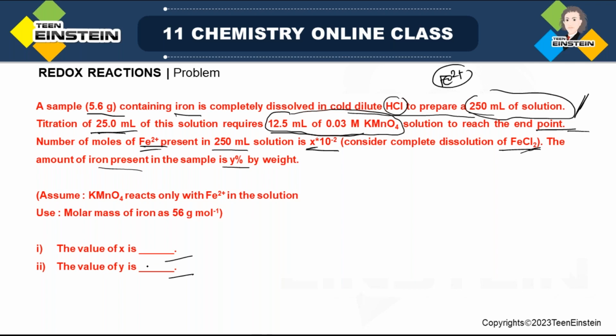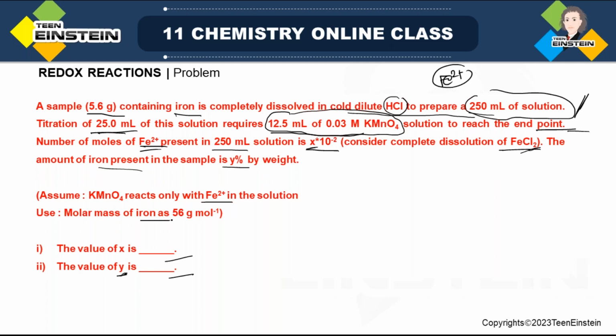First you have to find the value of X, then you have to find the value of Y. Some more assumptions are also there: KMnO4 reacts only with Fe2+, because in the sample, except Fe2+, the other substances present are impurities, which we don't have to take care of, because KMnO4 is reacting only with Fe2+. This assumption is already given.